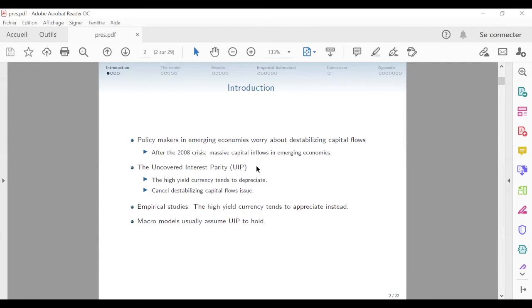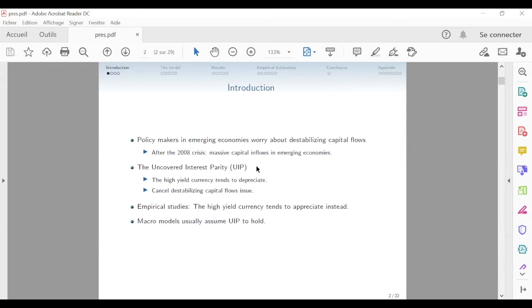But since the famous paper of Fama in 1984, we know that UIP doesn't hold in the short to medium run. And many other studies have shown that the inflow currency tends to appreciate instead of depreciate. So this issue of destabilizing flows is still highly relevant and, in my opinion, needs to be treated.